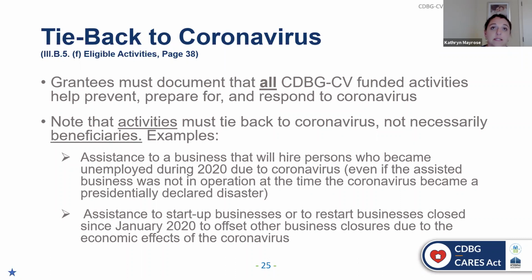So you could assist a startup business, potentially, and the tieback could be that the startup is going to occupy a space where a business was shuttered due to the shutdown last year, for example. So you can go a little bit broader than just working capital to a business that suffered.